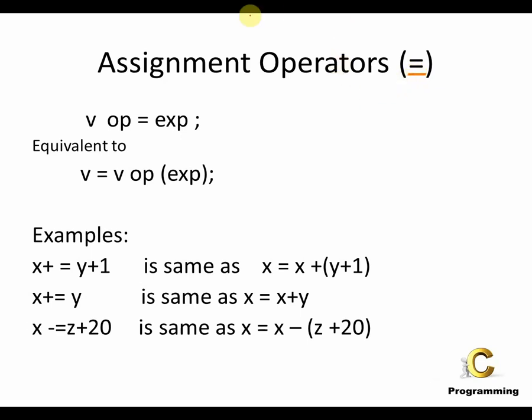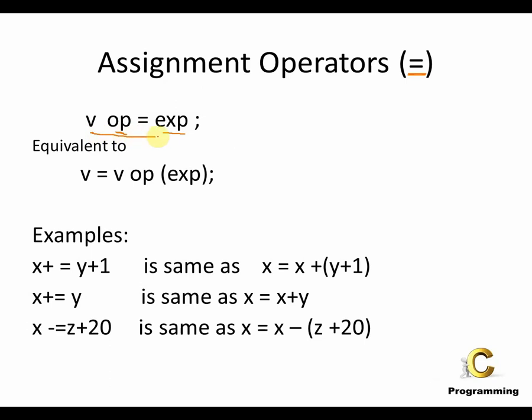Like you can see over here, this is the general form. Now this V represents the variable, EXP represents the expression, and OP is any type of arithmetic operator. When I say arithmetic operator, it can be a plus, a minus, a multiplication operator, a division operator, or a modular division operator.